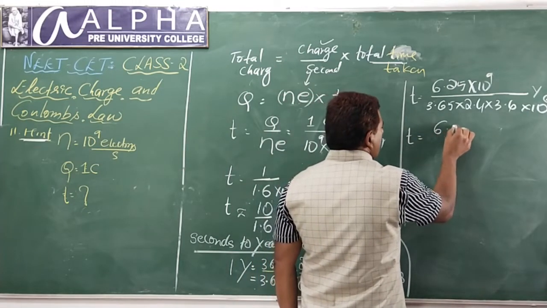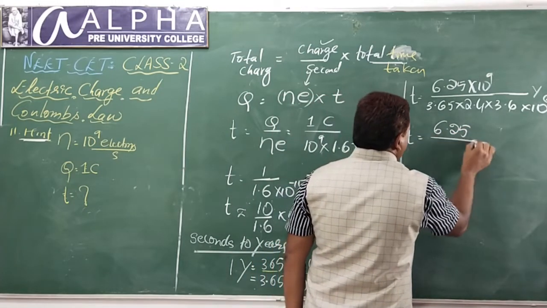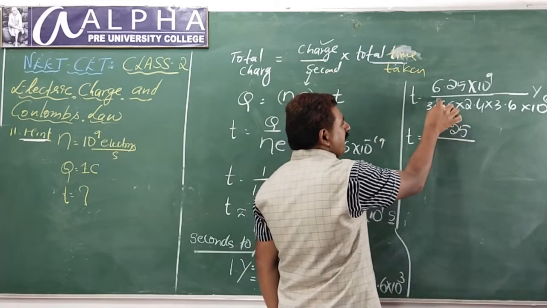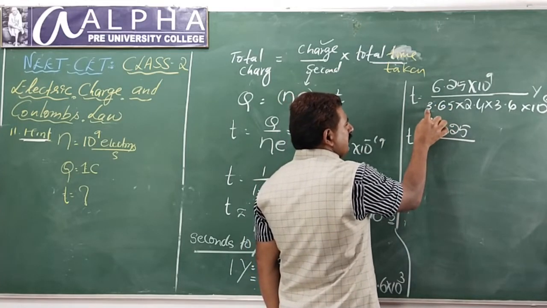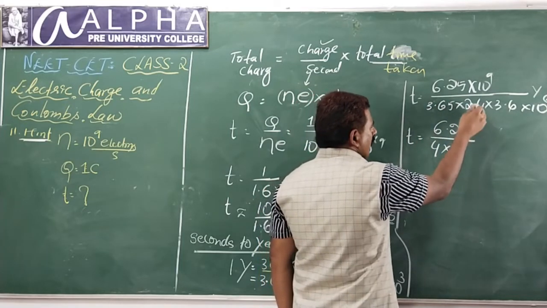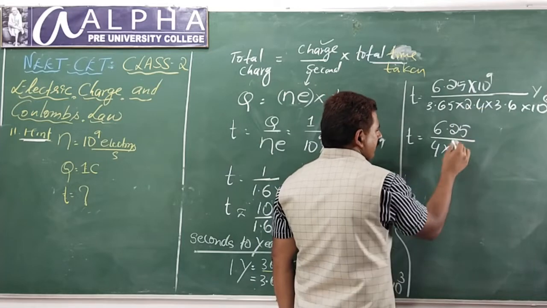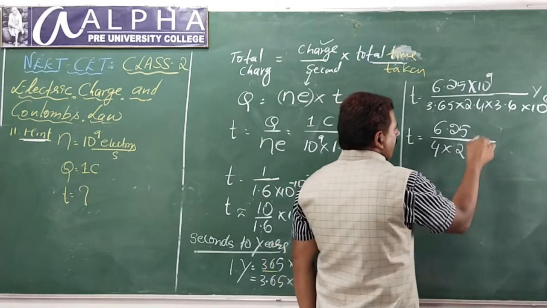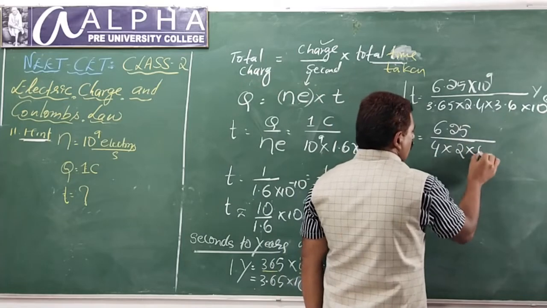For the denominator you write, numerator 2.65, divided by the denominator, you increase it to the higher value. This 3.65 is close to 4. 2.4 is less than 2.5, that's why I write just 2. Approximating to the option. And 3.6 is also close to 4.